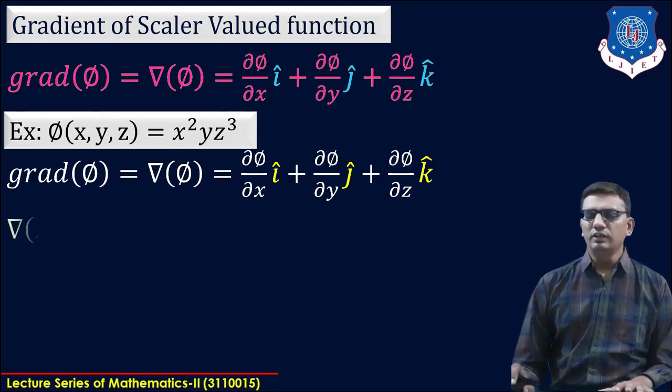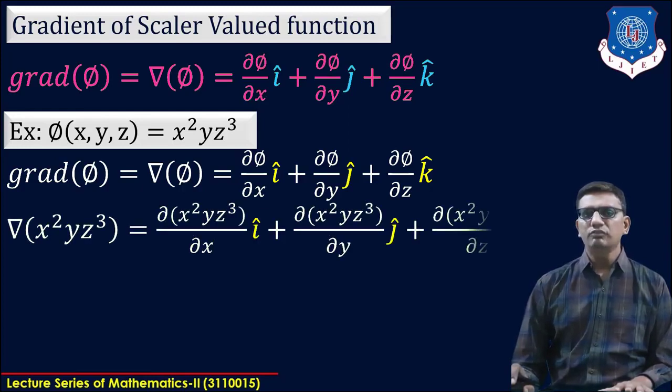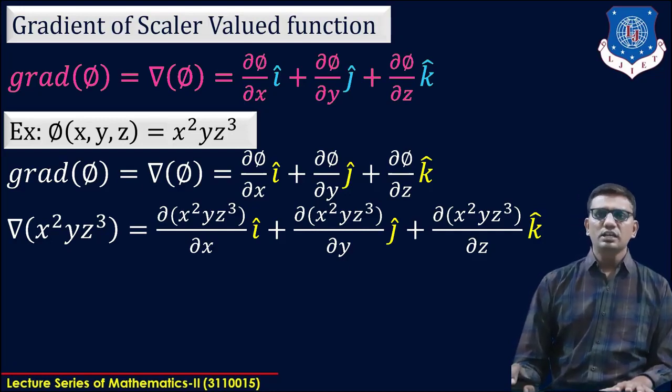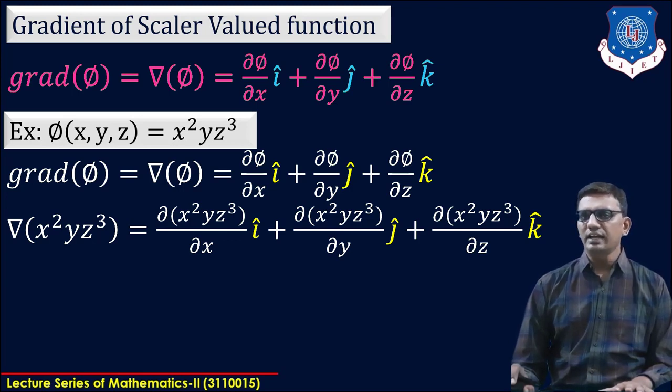Now we will put the value of phi in the formula, then we get del of x square y z cube equal to del x square y z cube with respect to x i caret plus del x square y z cube with respect to y j caret plus del x square y z cube with respect to z k caret. Here we will do the partial derivative with respect to x, y and z in the respective components.